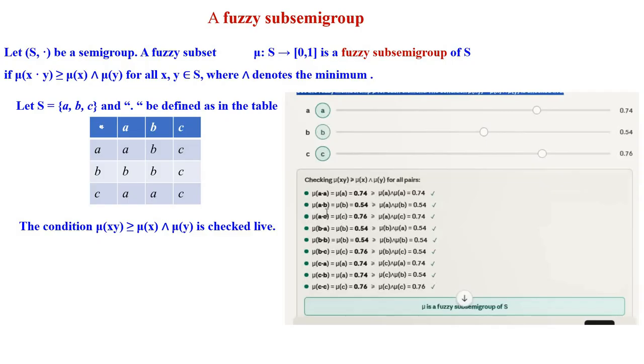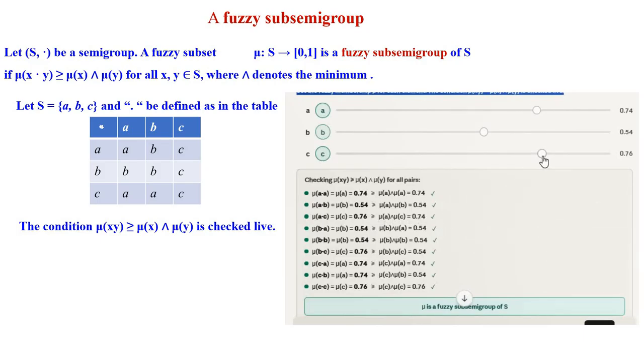Then coming to the next one, shall we take a dot c? Mu of a dot c being c, it is mu of c, that is 0.76, and between mu of a and mu of c, mu of c is 0.76 and this is 0.74, so the minimum is 0.74. So that is what we have, and 0.76 is greater than 0.74.